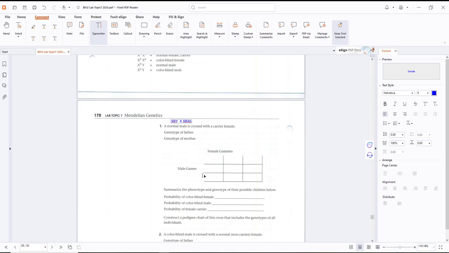So the male gamete, 50% of his sperm will have an X big B. 50% of his sperm will have the Y. For the female, 50% of her eggs will have an X big B. 50% of her eggs will have an X little b. Okay, and then we do the same thing as boys.